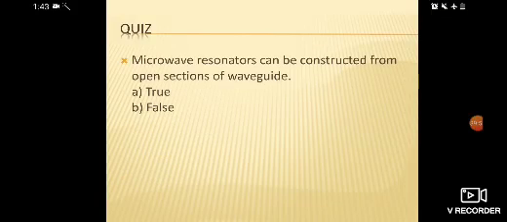So the next one. Microwave resonators can be constructed from open section of waveguides. That means microwave resonators can be constructed from the open section of the waveguides. Is it true or false? Please note this question.